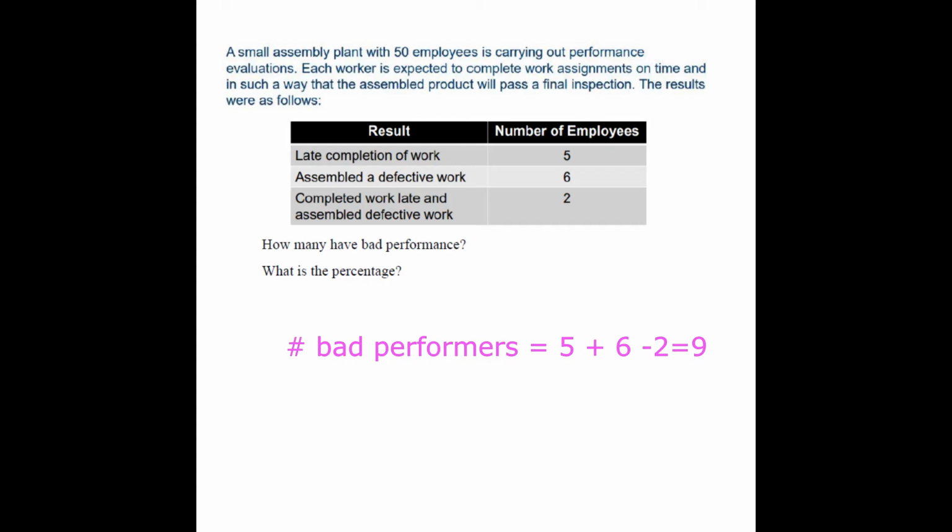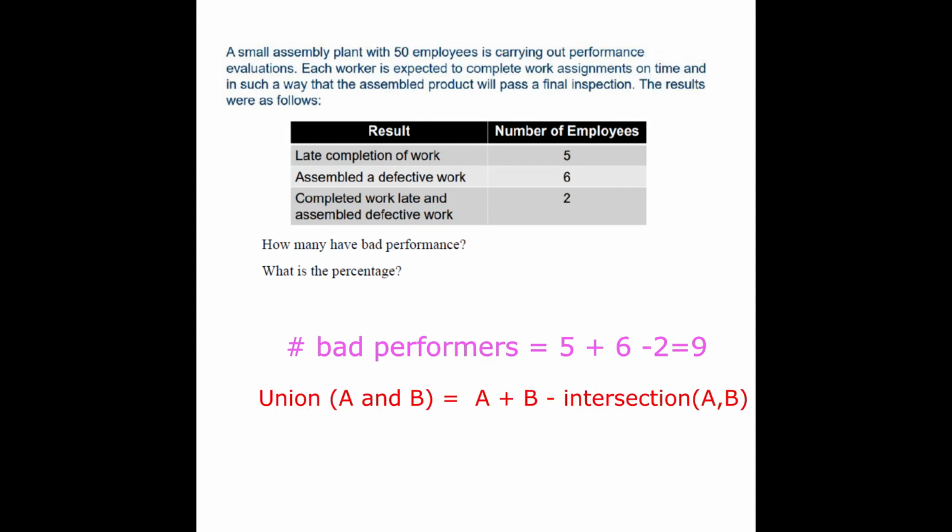We know 2 have both issues. The total number of bad performers should be 5 plus 6 minus 2. Why minus 2? Because there are 2 employees double counted. So the total number of bad performers is 9.